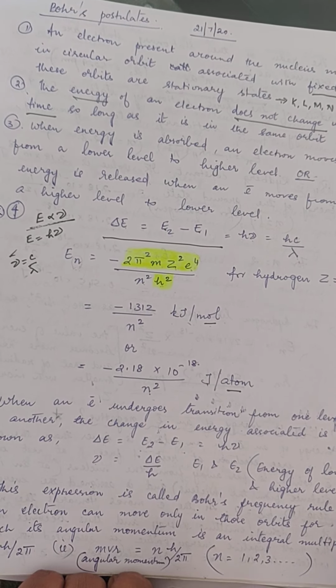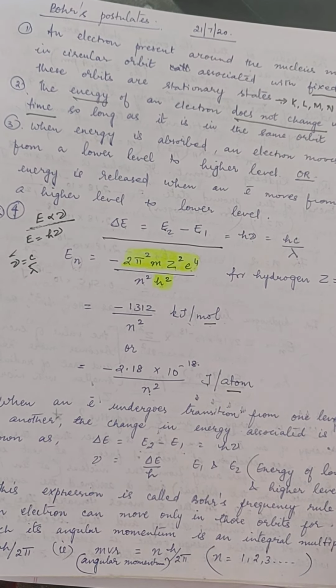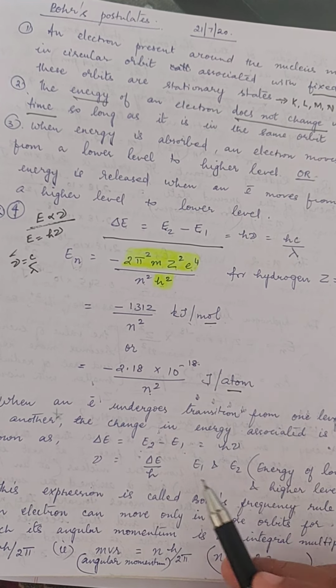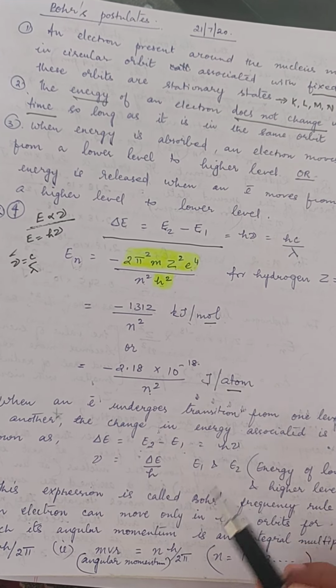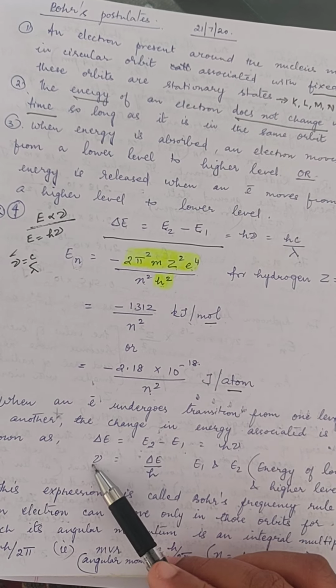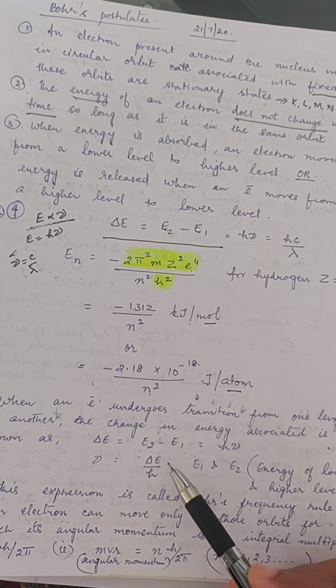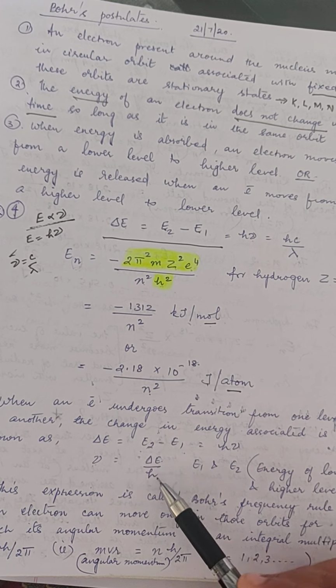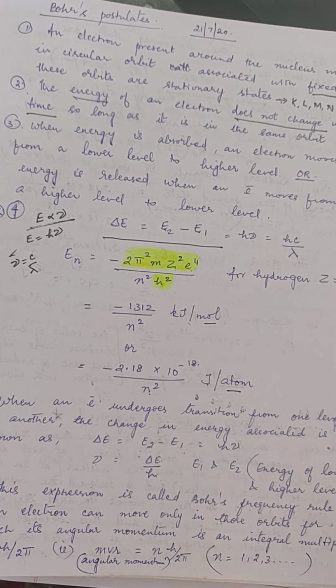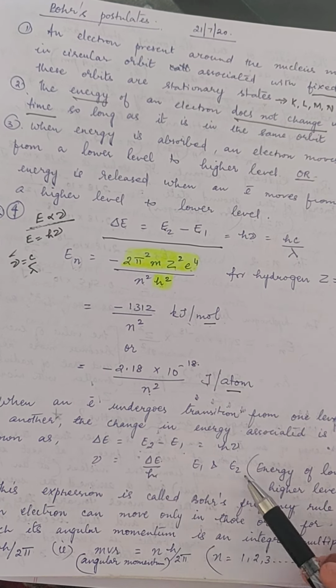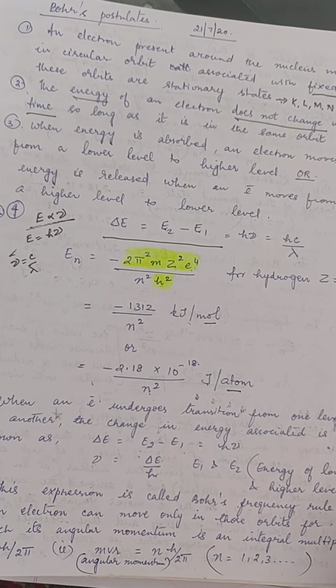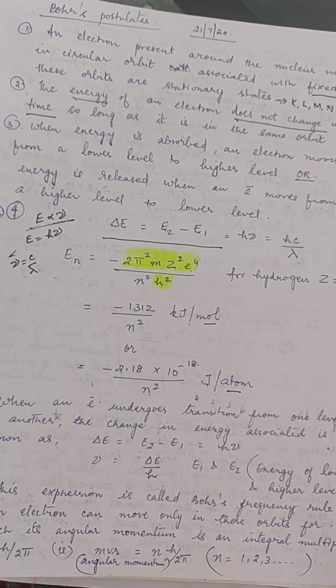Okay, so this is what is called Bohr's frequency rule. So when it is equated to h nu, what is nu? That is the frequency of this electron transition. That is delta E, change in energy, upon Planck's constant. E1 and E2, they are energy of lower and higher level respectively. So this is one postulate.